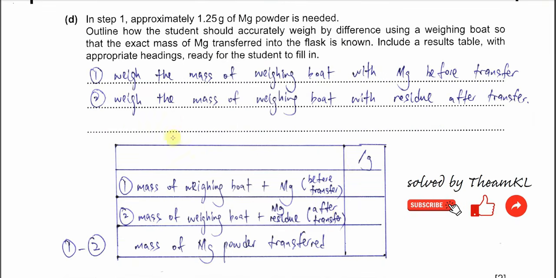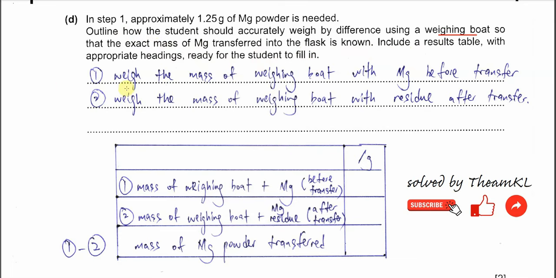Okay, part D. In step 1, about 1.25 gram of magnesium powder is needed. Outline how a student could accurately weigh by difference using a weighing boat, a small plastic container, so that the exact mass of magnesium is transferred into the flask. Include a results table with appropriate headings, ready for the student to fill in. Okay, this one is quite straightforward and easy.